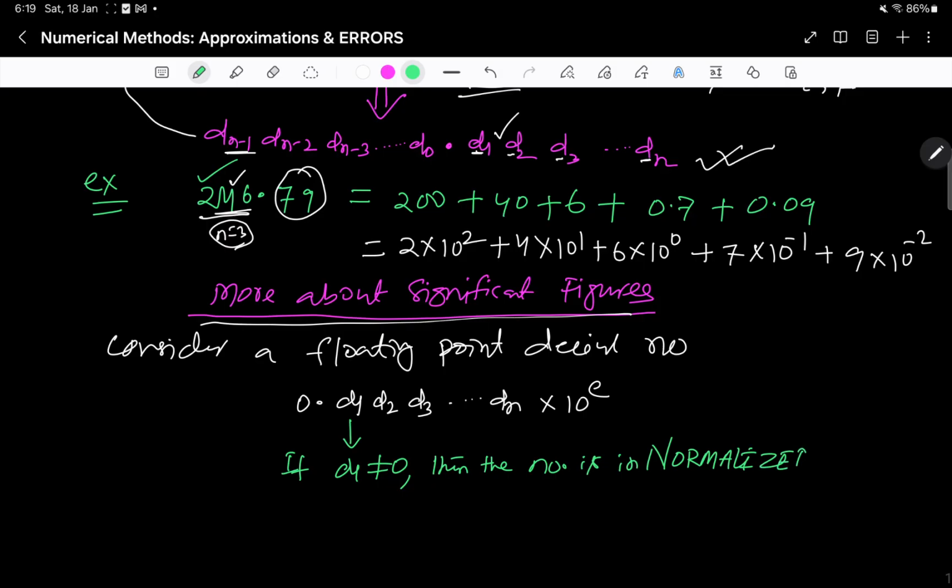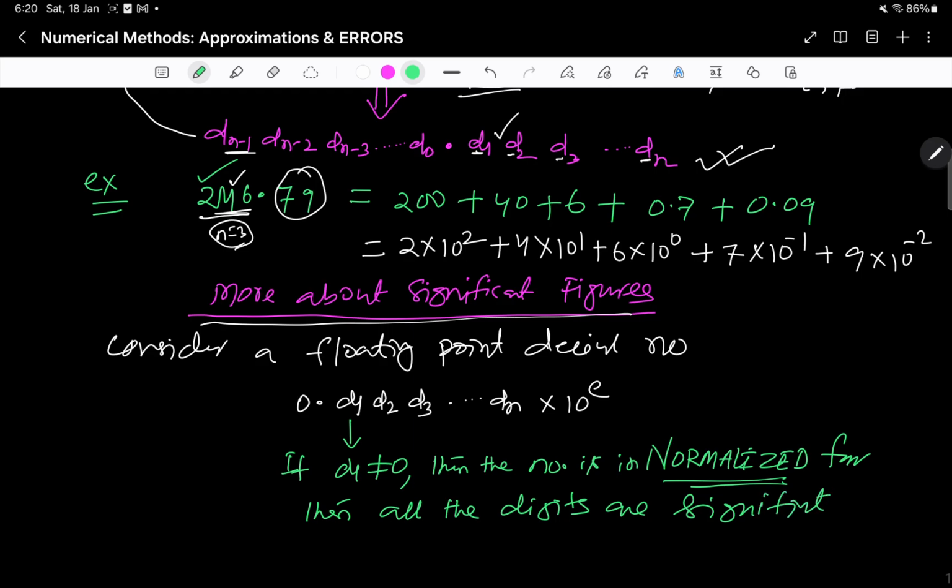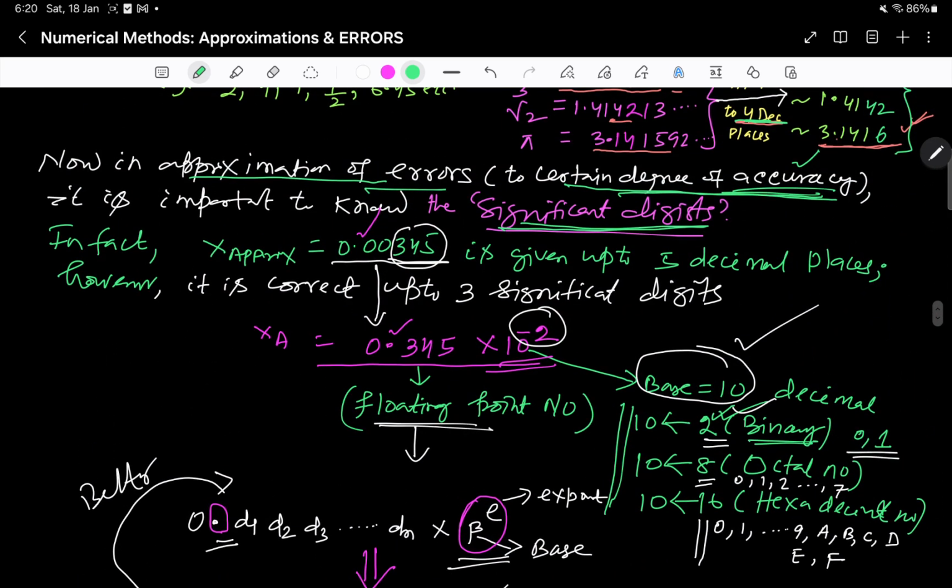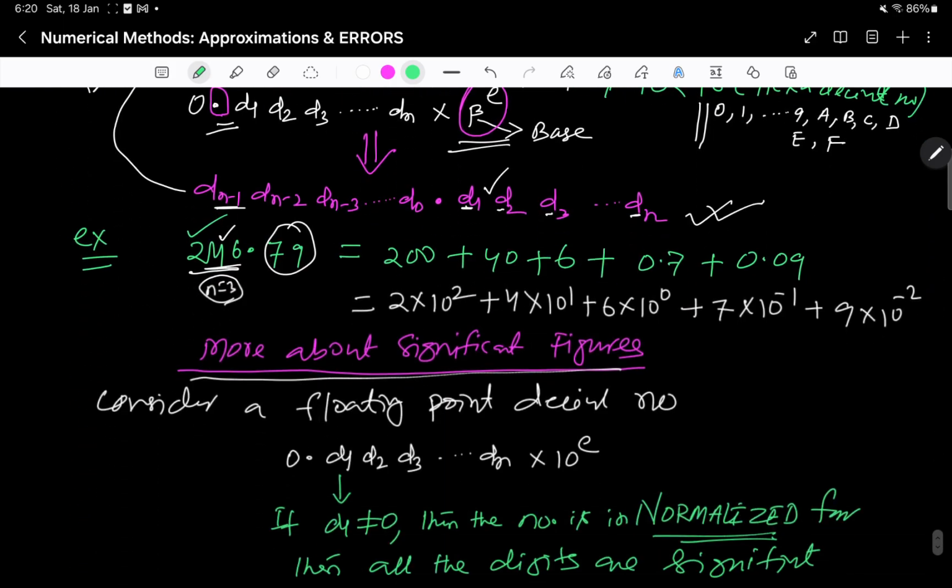Once the number is in normalized form, then all the digits are significant, right? So as I have told you, this is not equal to 0, so all these digits towards the right are the significant digits.